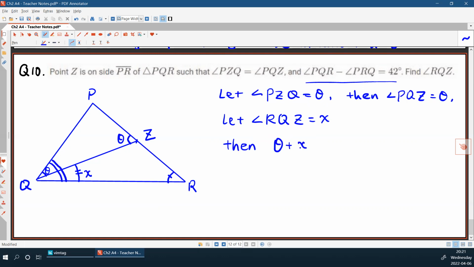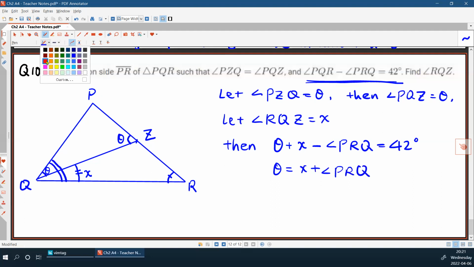Then we know that angle PQR is theta plus X, right? You consider this equation here. Angle PQR is theta plus X. So minus angle PRQ equals 42 degrees. Then we also know that theta is X plus angle PRQ, right?